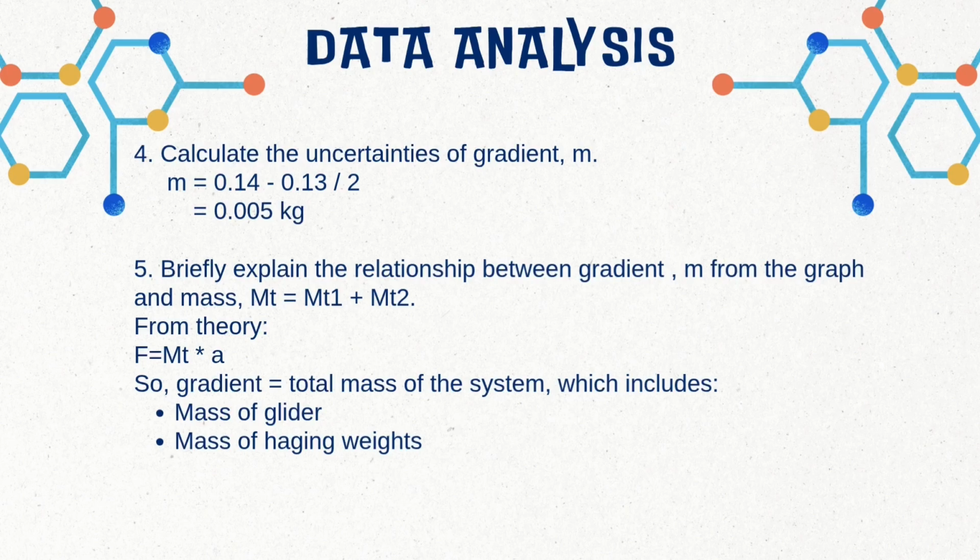Question number 5, briefly explain the relationship between the gradient m from the graph and the total mass mT equal to mT1 plus mT2. From theory, F equals mT times a. So the gradient equals the total mass of the system, which includes the mass of the glider and the mass of the hanging weights.